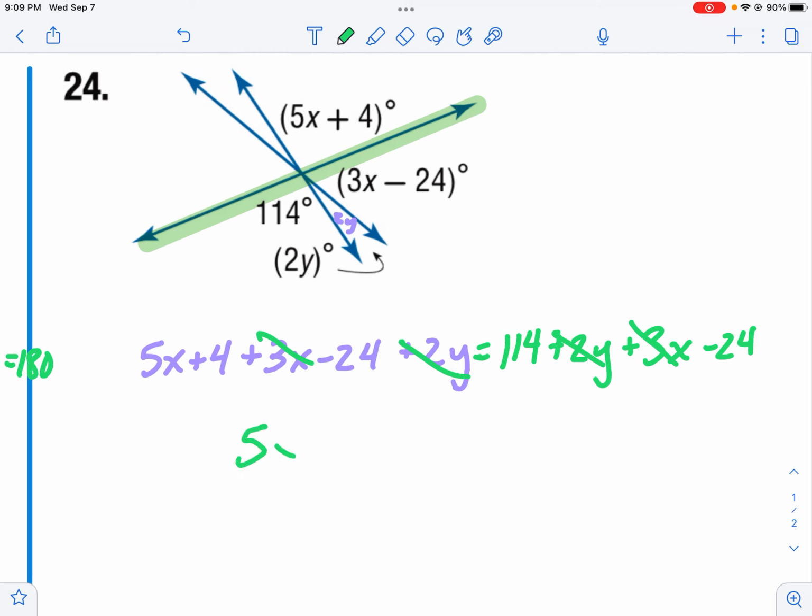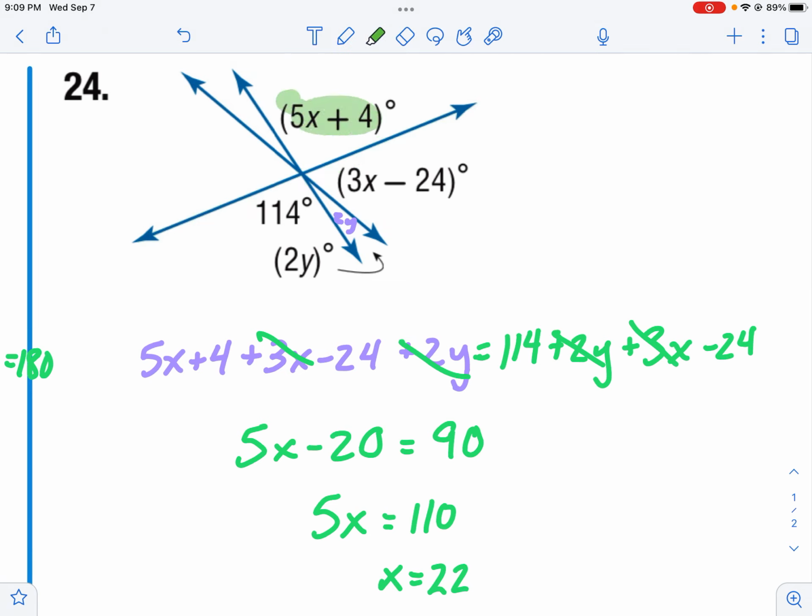And you'd end up with 5x minus 20 equals 90, or 5x equals 110. And hey, if you rewind this video, you'll see that I got the same exact result when I used my vertical angles. So there are many different ways to solve this problem, and a lot of problems in math.